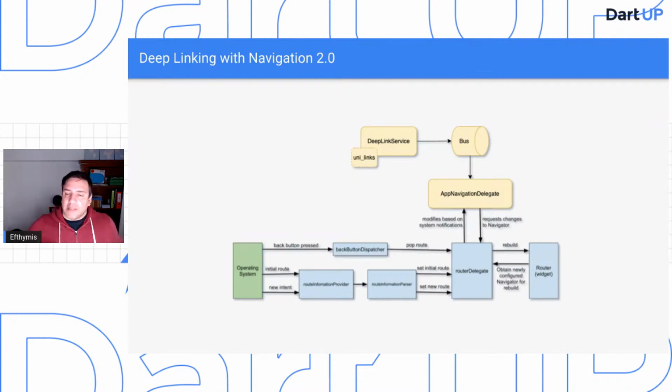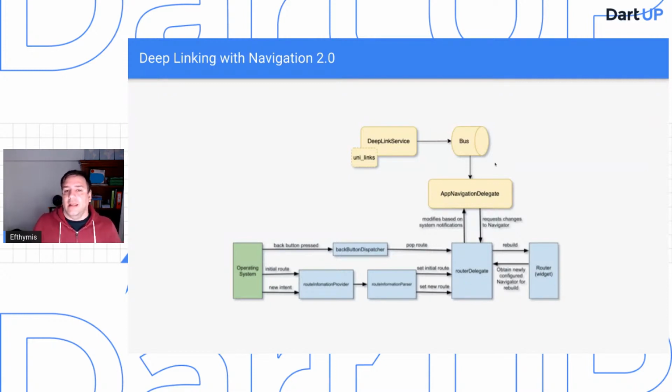So if you match the implicit way of Navigator 2.0 and the event bus, you can put them together and say, okay, the event bus carries events. So the Navigator, the app navigation delegate, can actually subscribe to certain events in the bus, and tell the router to rebuild the page history according to the event.